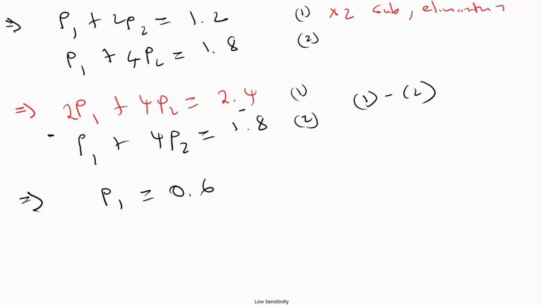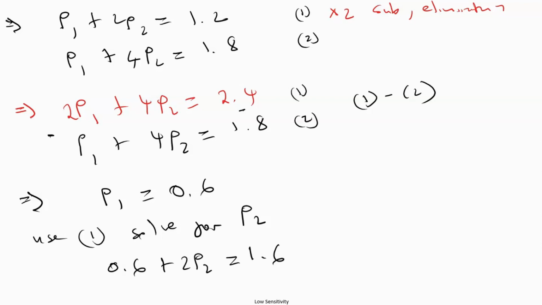Now that I've solved for P1, we can use equation 1 to solve for P2. We know P1 is equal to 0.6, so 0.6 plus 2P2 is equal to 1.2, from equation 1.